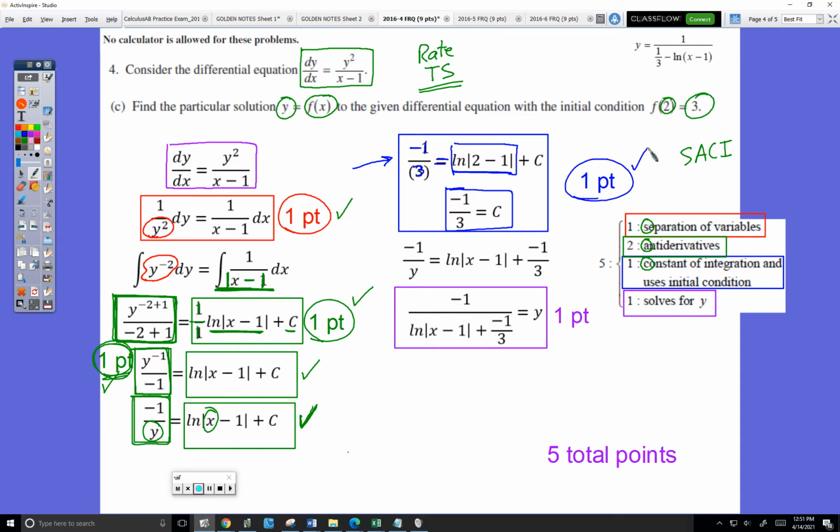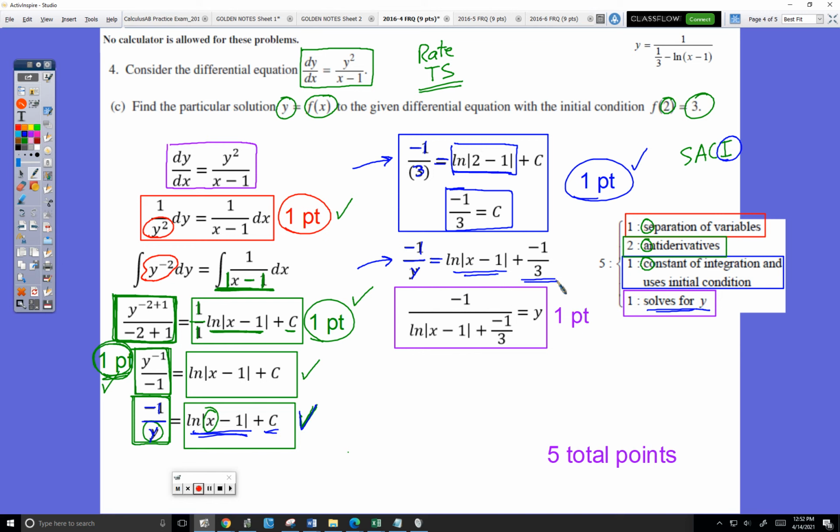Last step is to solve for y, or isolate the y. So to get the y alone, we go back to this equation. Here it is. Negative 1 over y equals natural log of x minus 1 plus c, which is negative 1/3.